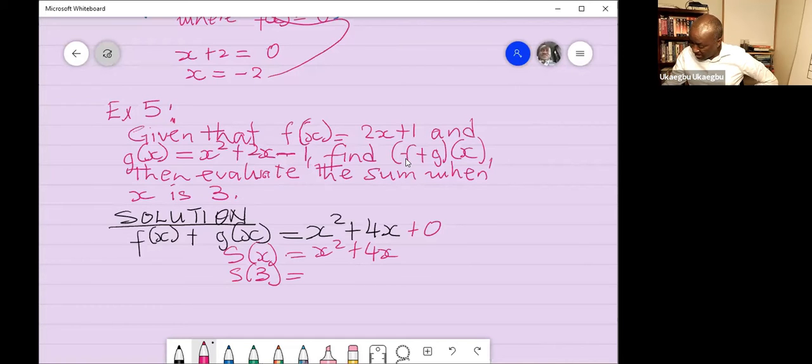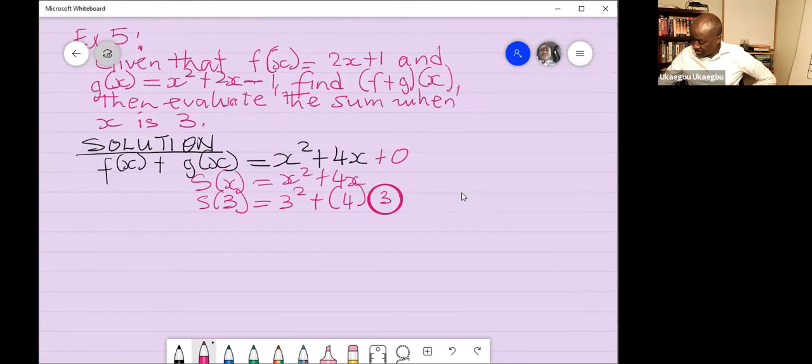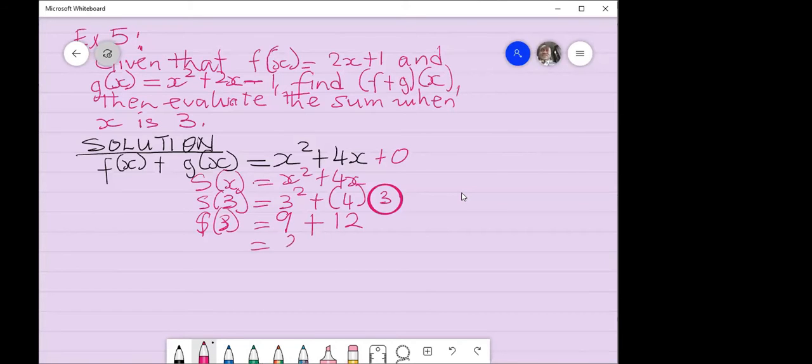So you are going to have 3 squared plus 4 times 3. 3 squared is 9. 9 plus 3 times 4, which is 12. So your function sum when x is 3 is going to be 21.